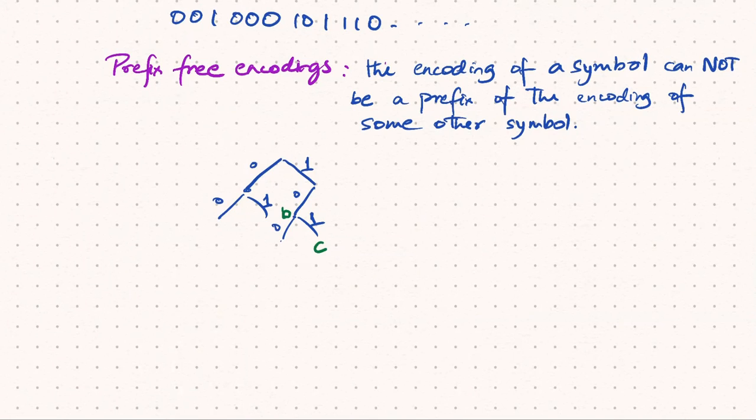This was not a prefix-free encoding. So what would prefix-free encodings look like in this binary tree? What constraint would we have to impose on this binary tree?